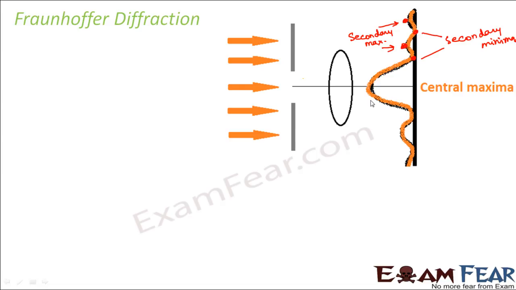Now the question is, how do we find the positions of the secondary maxima and the secondary minima? Let's first talk about the secondary maxima, which correspond to the points where the intensity is more.